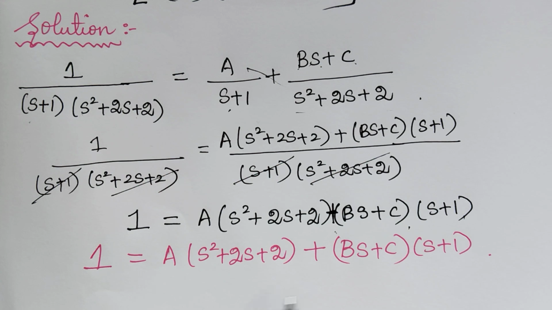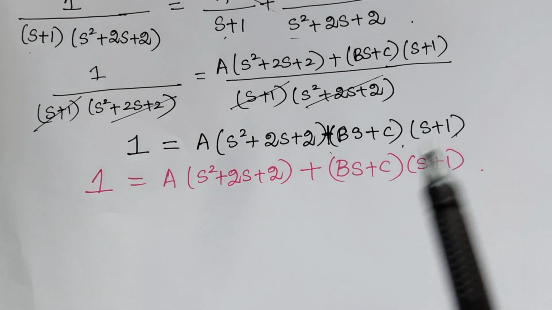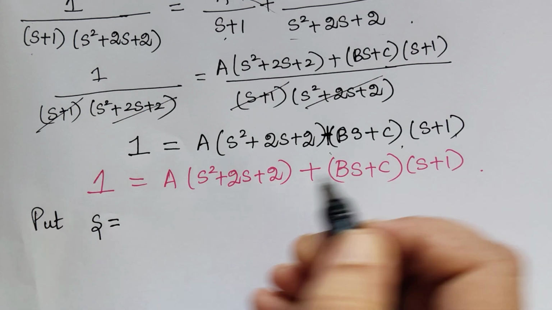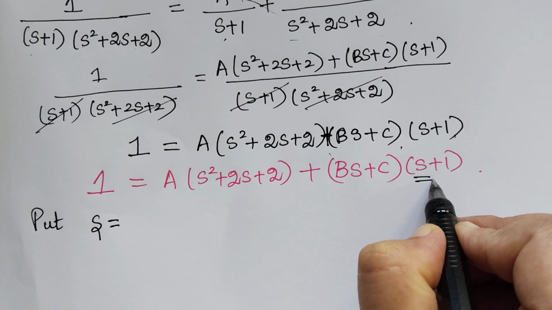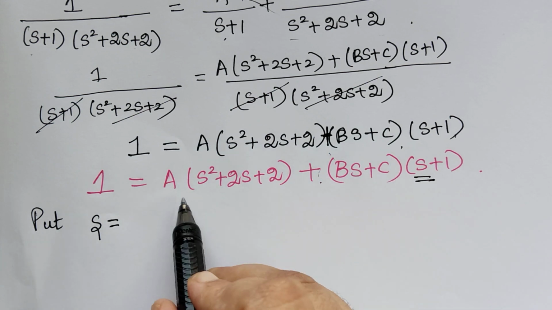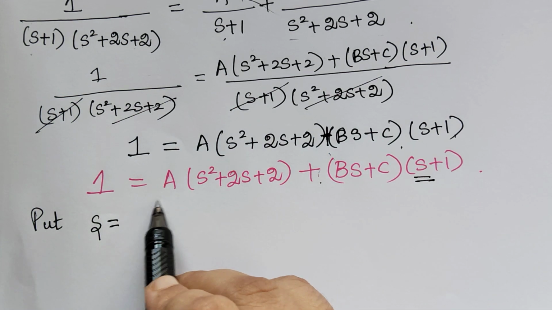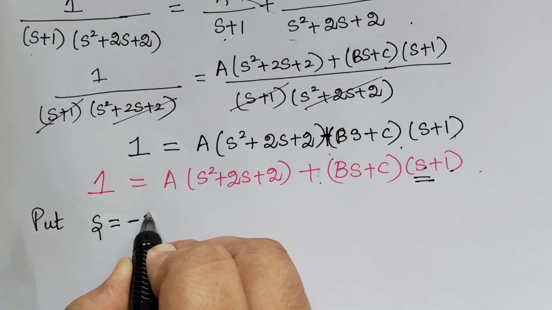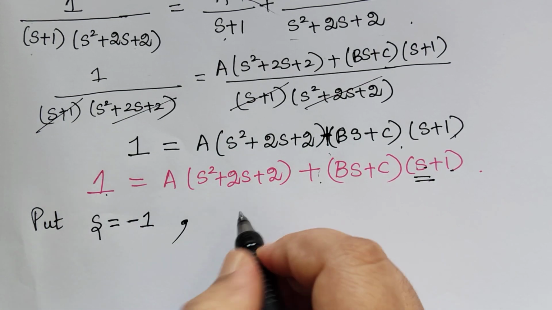I have just taken and written it very clearly. Now we have to put values for s. First we will put s is equal to minus 1, so that this whole term will become 0 and easily we can find the value of A, because minus 1 plus 1 is 0. So put s is equal to minus 1. On the left you have only 1.